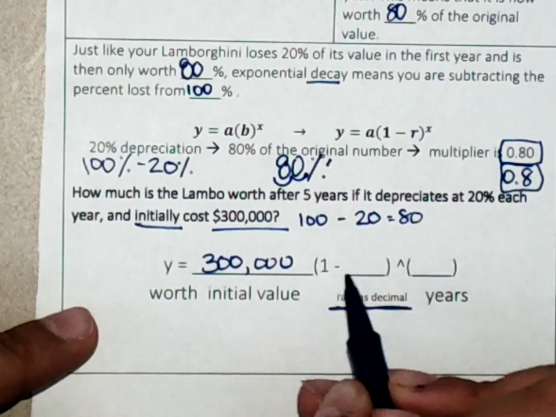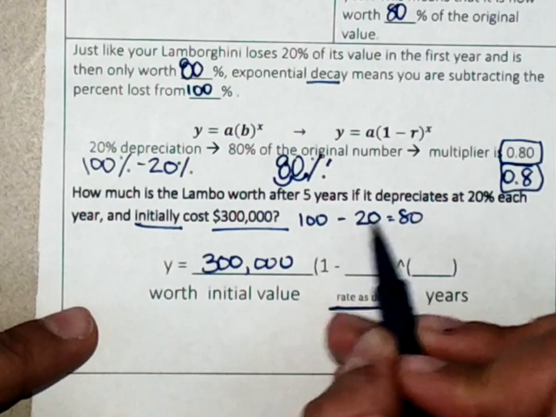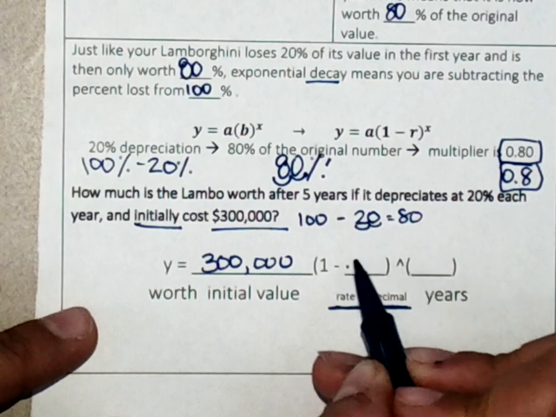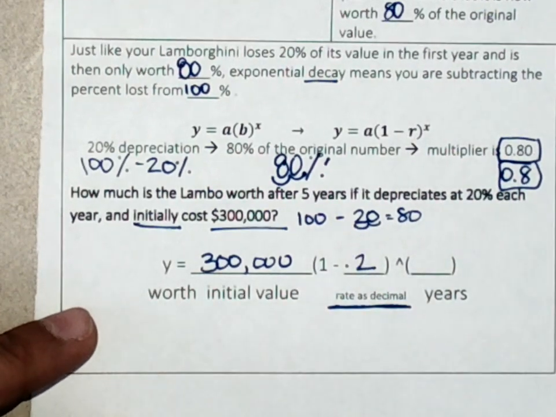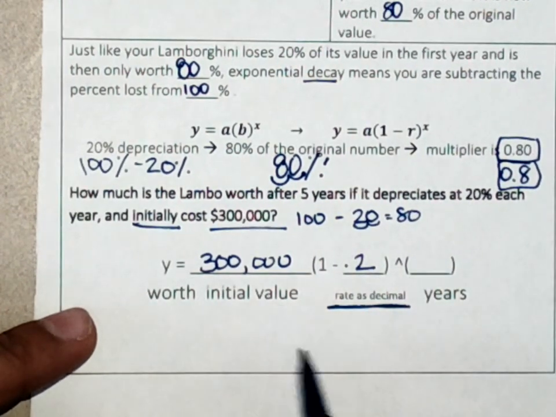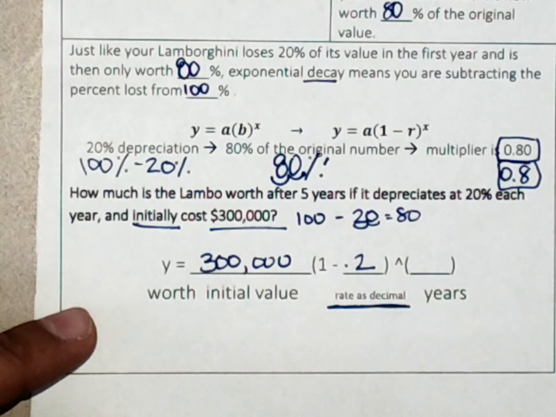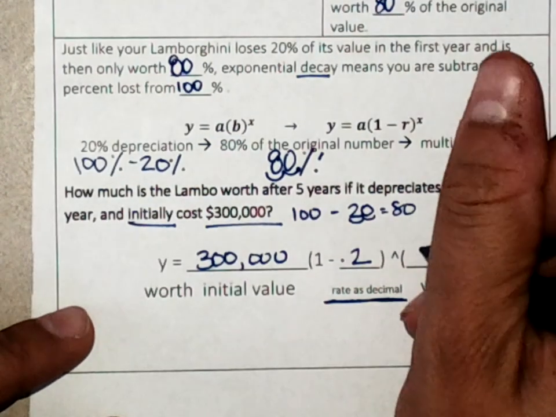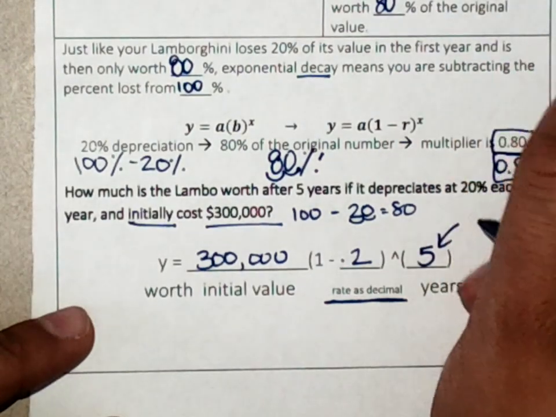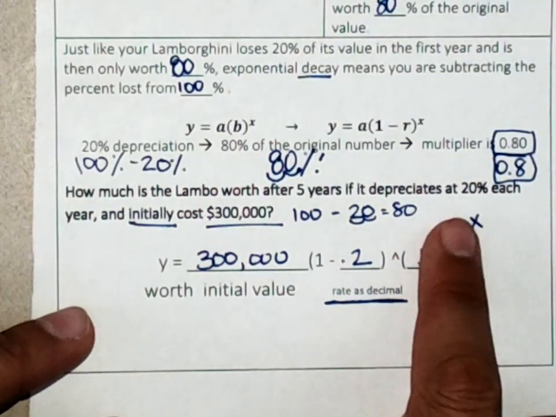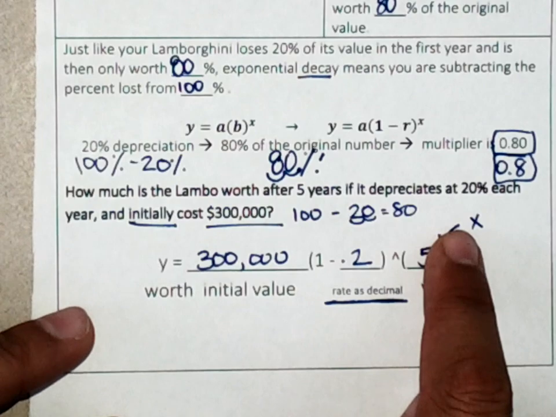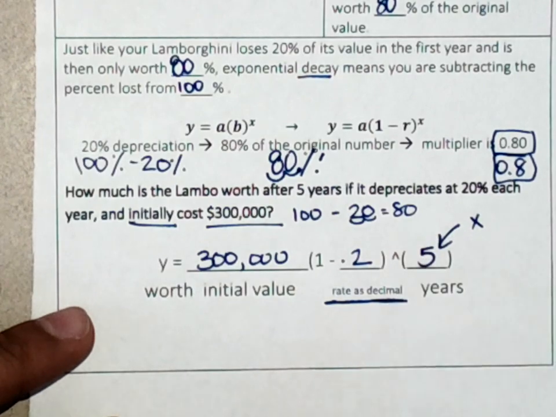And then you can put that in here, but we're going to just put 20% as a decimal right now. So 300,000, 100% as a decimal minus 20% as a decimal to 5 years. Because our x, which is typically time, is going to be 5 years.